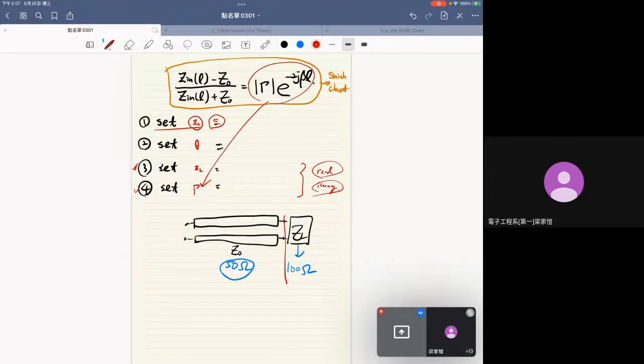What is Z in, changed to small zl, if the position is 0? What's that?